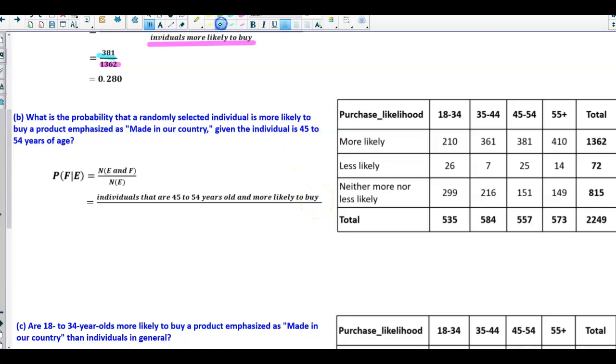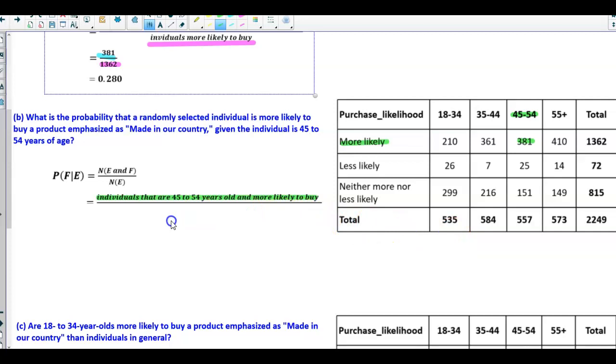So what are the individuals that are 45 to 54 years old and are more likely to buy? Well, that represents 381, because this is more likely and there's the 45 to 54.